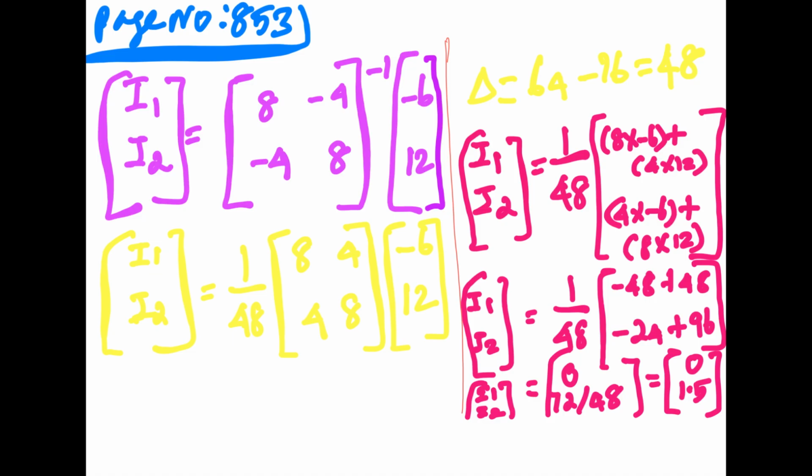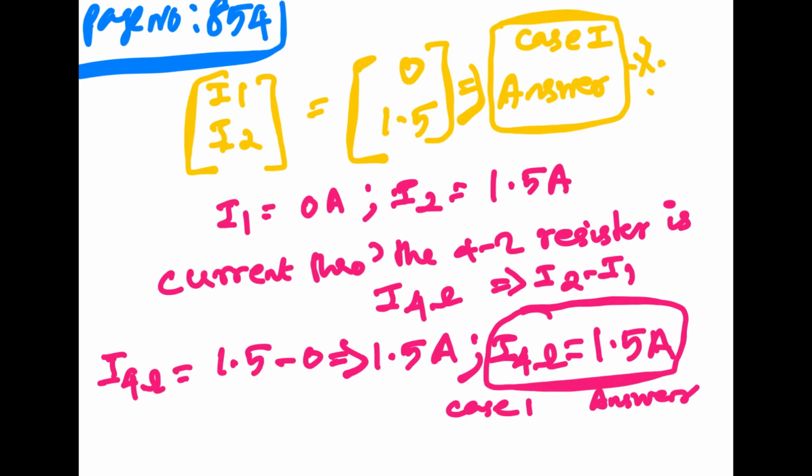For I1, I2, we go to multiplication. First find the cofactor matrix, putting the signs plus minus, minus plus. Then multiplication of matrices: 8 into minus 6 plus 4 into 12.